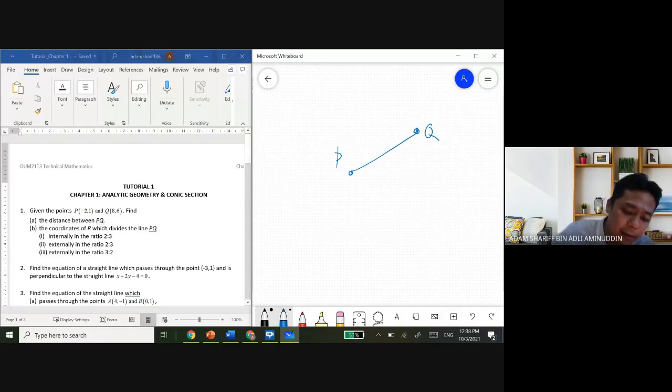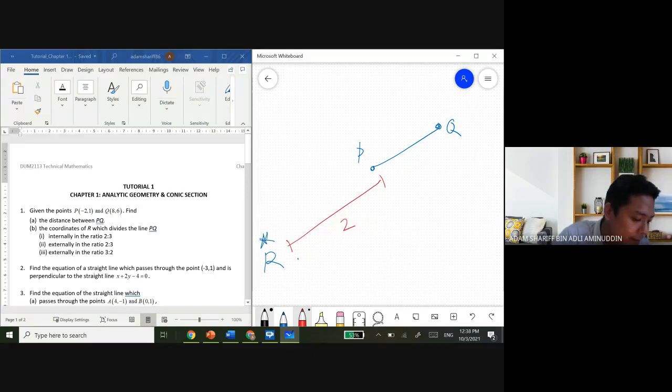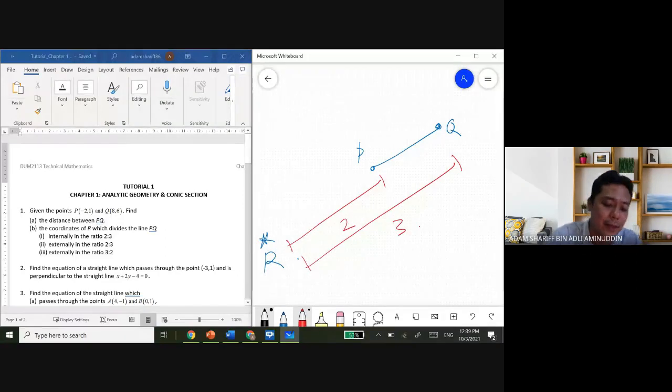Okay, and then R somewhere very far. Okay, this is R. Okay, ratio 2, 3. Ratio kat sini dengan sini ialah 2 dan ratio dengan Q adalah 3. Ini untuk 2 Roman tadi.